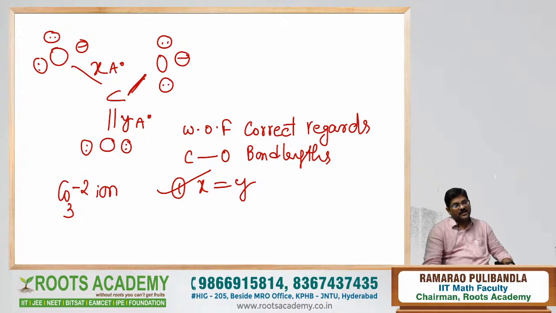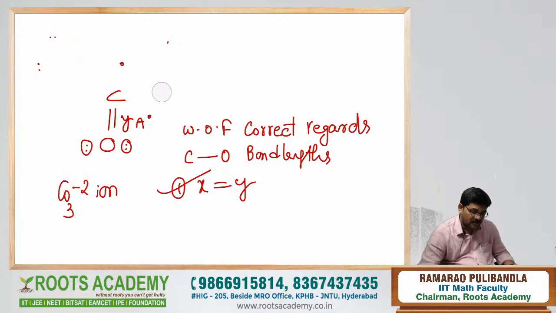That's why the answer is X is equal to Y. Repeat once again: where you have a conjugation property, a mesomerism property, there the bond lengths must be equalized.